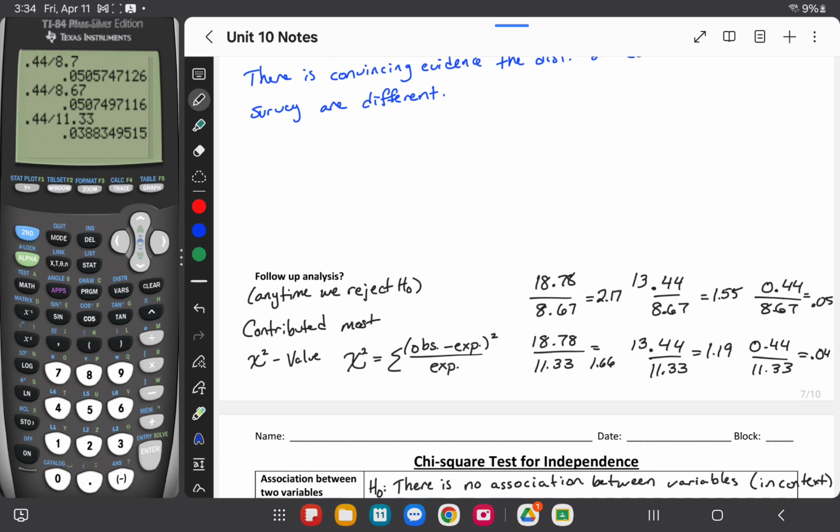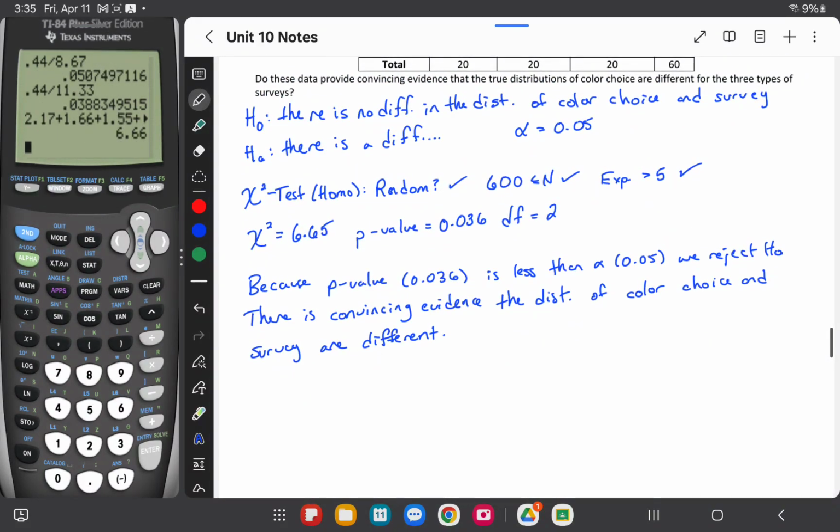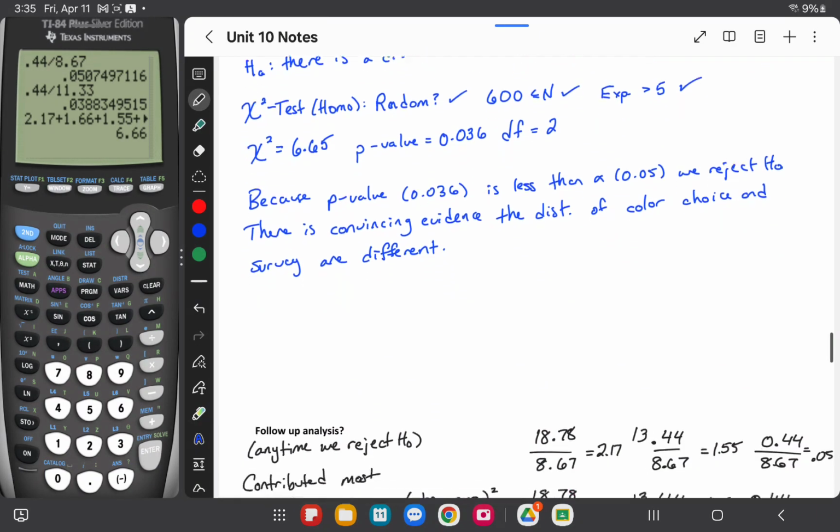Now, an easy way to check to make sure I did that correctly is to take the sum of all of those: 2.17 plus 1.66 plus 1.55 plus 1.19 plus 0.05 plus 0.04. I should get my chi-squared value from up above, so 6.66. It was 6.65, so probably off by 100th place due to rounding.